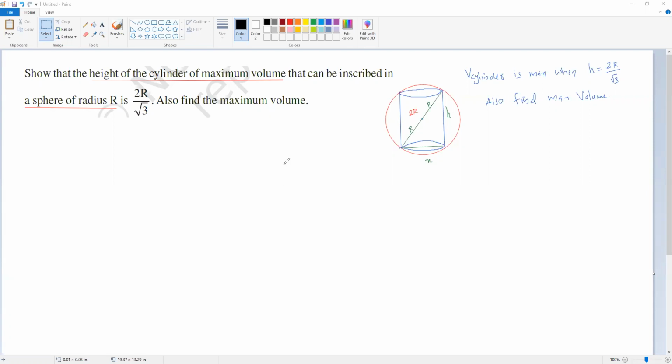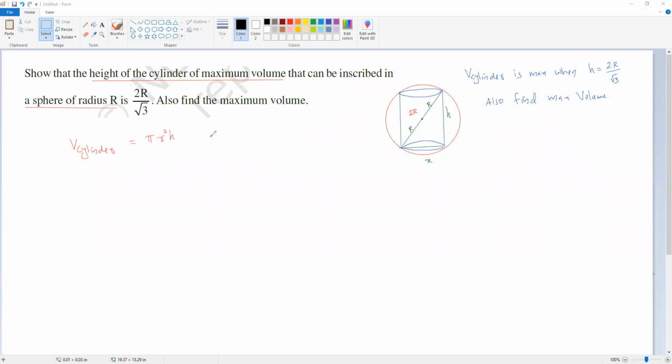Okay, we need a formula for the thing which is to be maximized or minimized. So the volume of the cylinder is pi r square h normally.